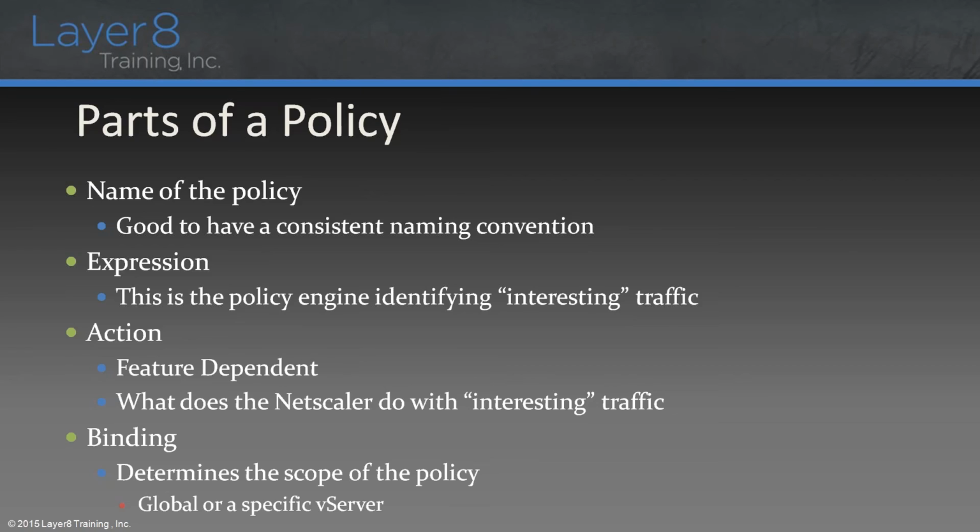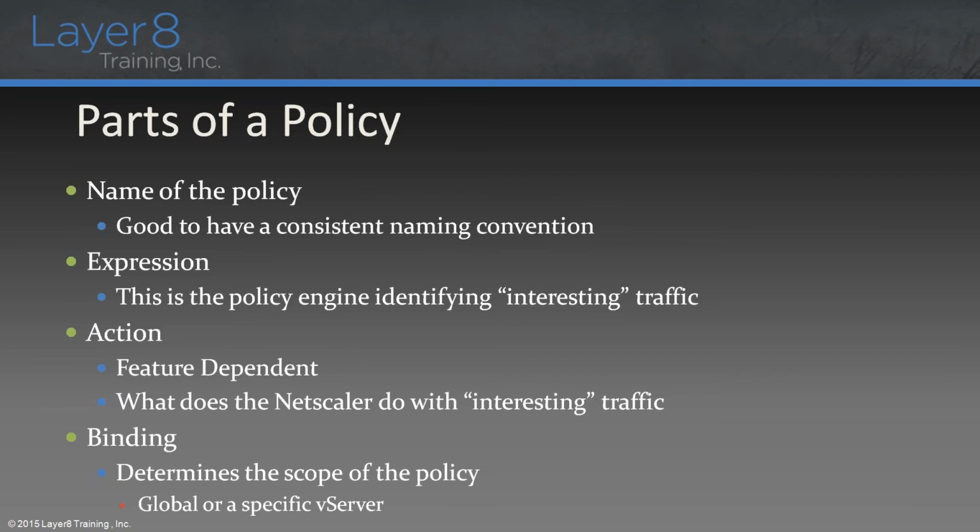Some features, instead of just having simple actions, have a collection of settings or a collection of actions. We call it a profile. So we identify the feature that we're working with and what aspect of it is important, and then say what this thing is going to do. Having a good naming convention for pretty much everything on the NetScaler goes a long way towards helping with troubleshooting.